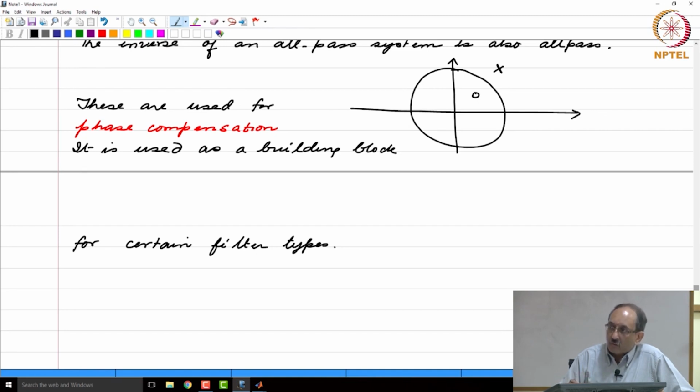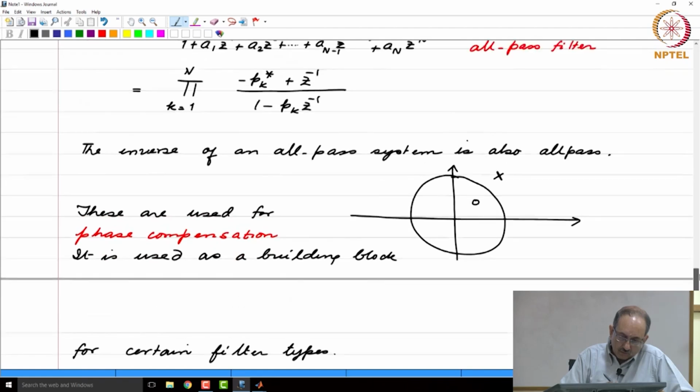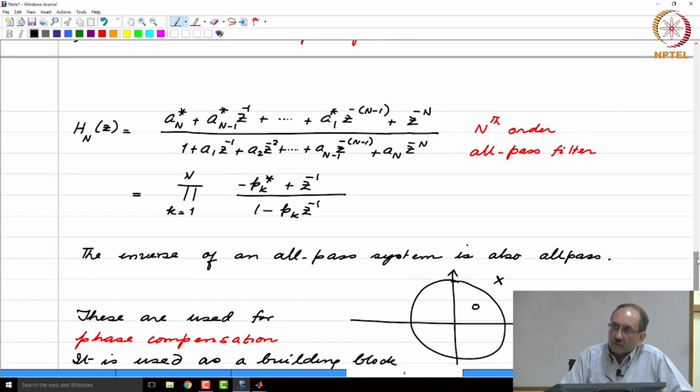And why is it that you want to do that? Again, to get a feel for why that might be desirable, remember, in practice, whenever you have coefficients, when you are implementing it, you are going to quantize them. So, when you quantize, you no longer have the original system, but only an approximation.